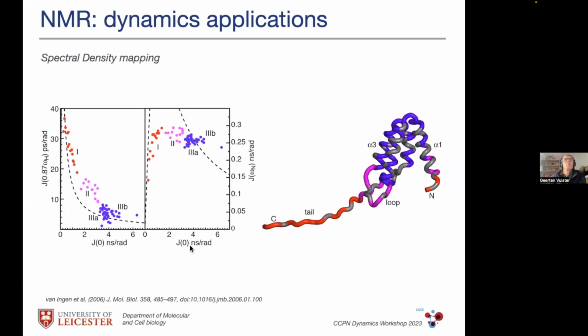The other plot, which turns out to be quite useful, is the J0 versus the J omega N plot, which you see over here. And the dotted lines are the lines for an isotropic rotating molecule. So these plots will also be generated at the end of the analysis, all automatically for you.